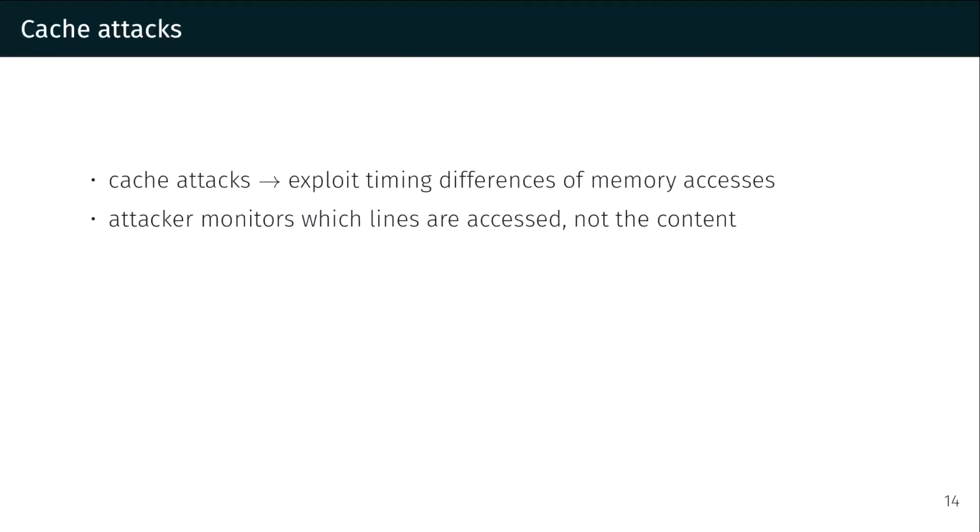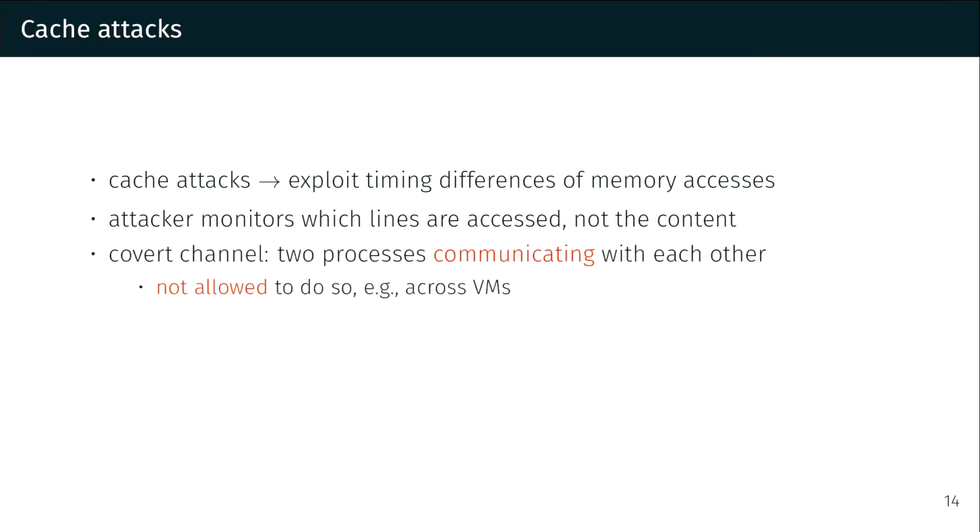So we measure the timing differences on memory accesses. What an attacker does is monitor the cache lines, but he has no way to know what the actual content of the cache line is. We can only monitor that this cache line has been accessed, and not what's actually stored in it. What you can do with this is implement covert channels.